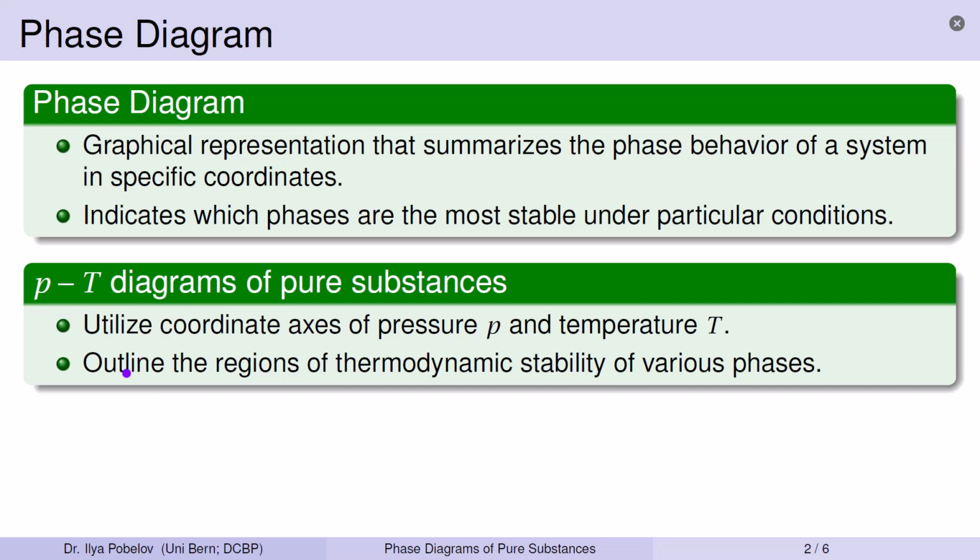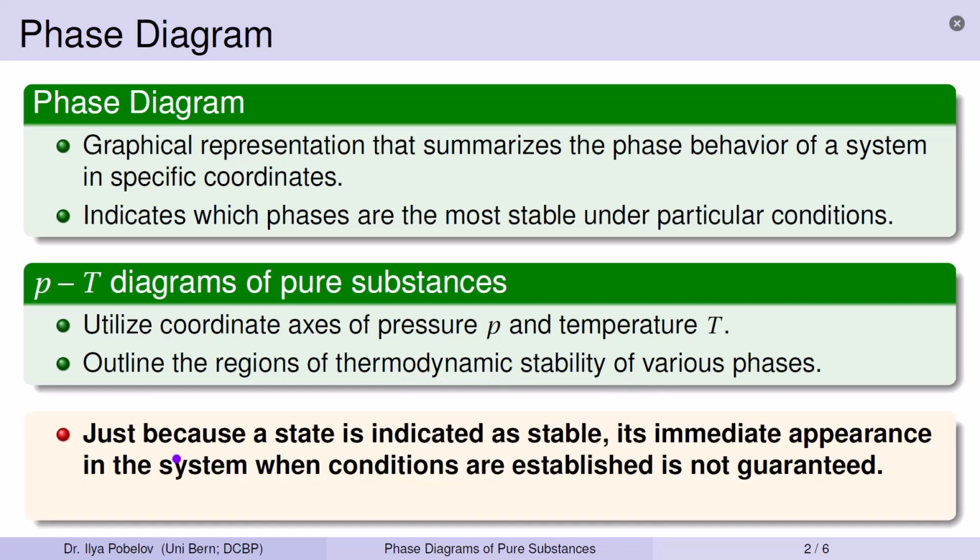These diagrams serve as maps outlining the regions of thermodynamic stability for various phases of the substance in temperature and pressure coordinates. It is essential to understand that just because a state is indicated as stable under certain conditions, it does not guarantee an immediate appearance of that state in the system when those conditions are established.